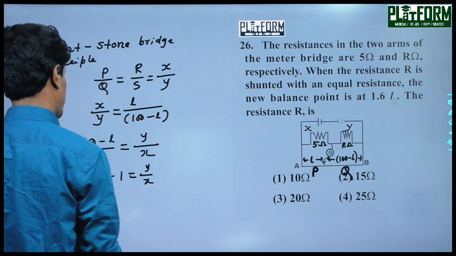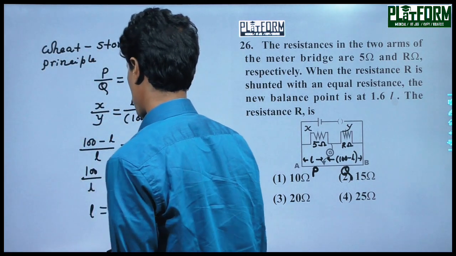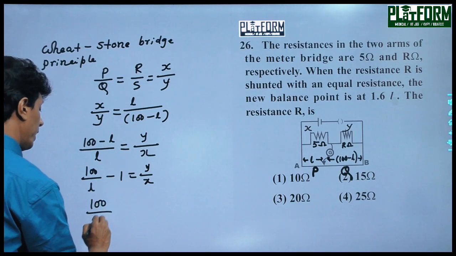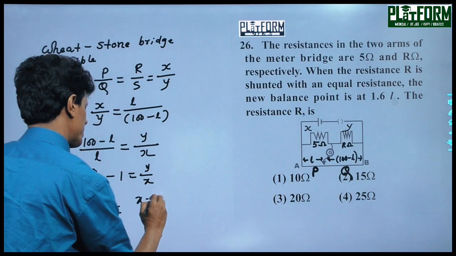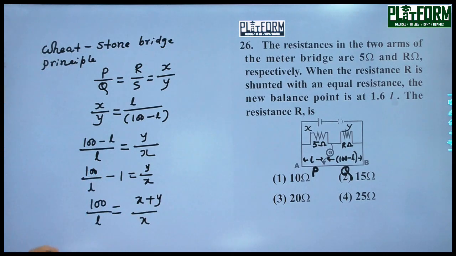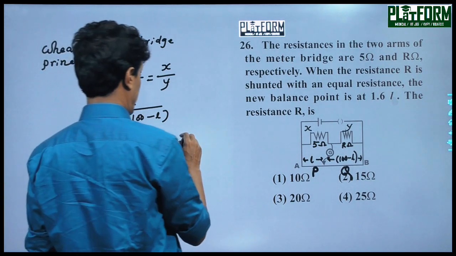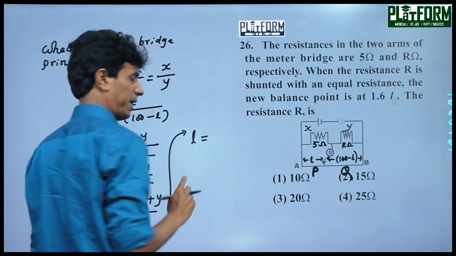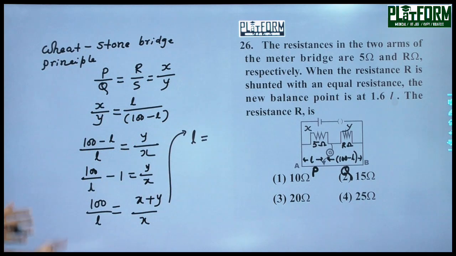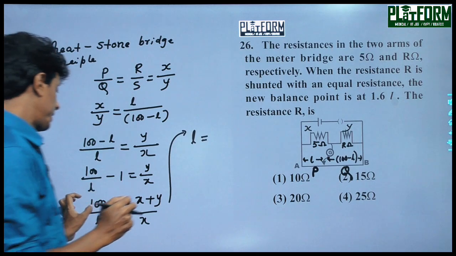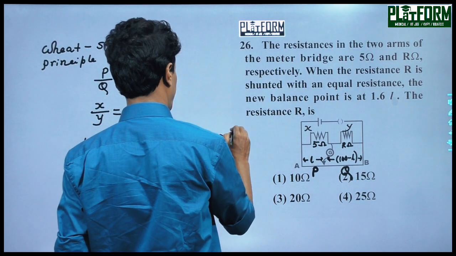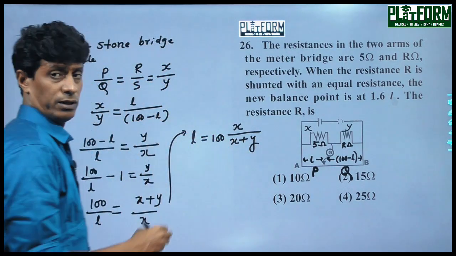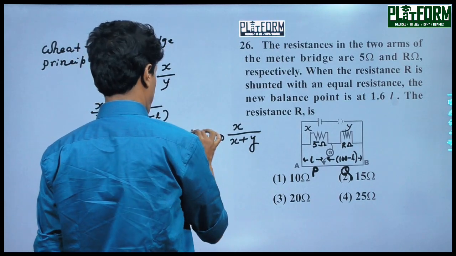100 by L equal to X plus Y by X. So the balance point here, the length of the balance point from the left hand side, if it is taken L, then we can say L is equal to 100 X by X plus Y. So it is very important.